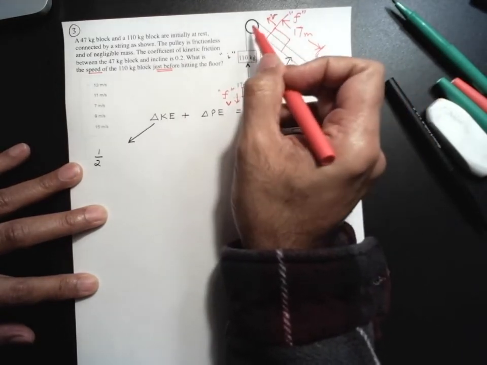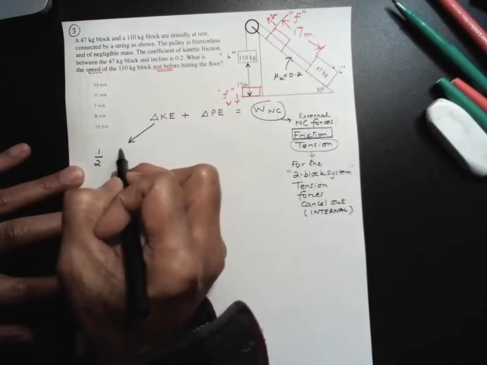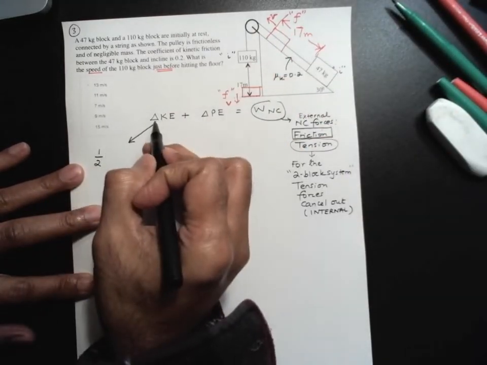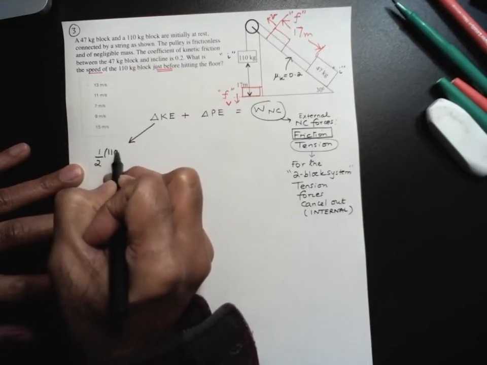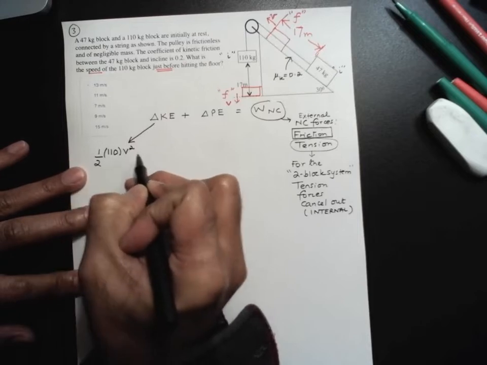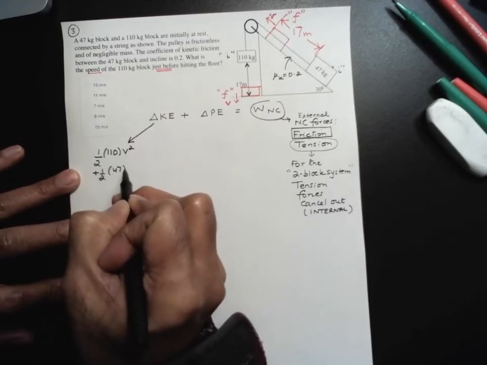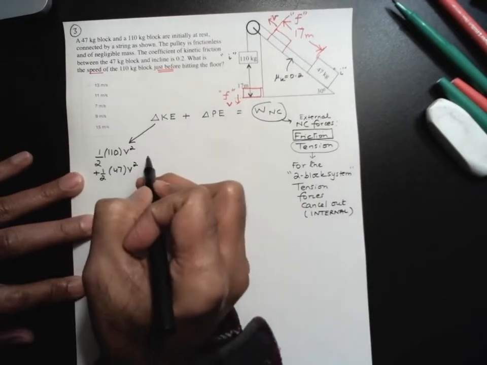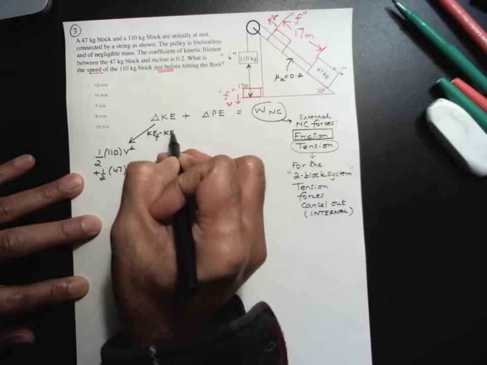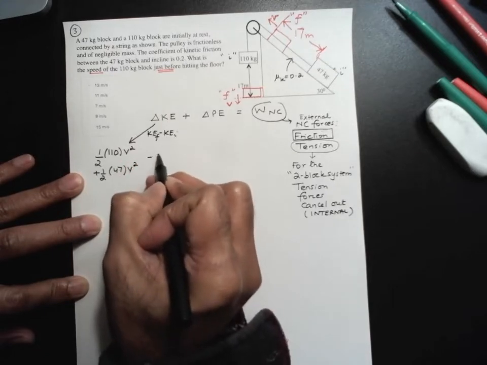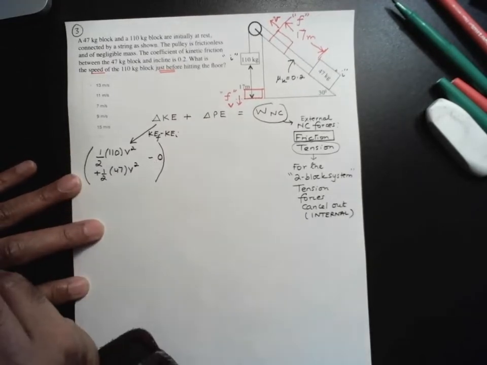So both have to be traveling at the same velocity. So the final kinetic energy is 1/2 times the mass times v squared plus 1/2 times the other mass, 47, times v squared. And of course this is KE final minus KE initial, and the initial kinetic energy is 0, right? Because both the blocks were at rest.